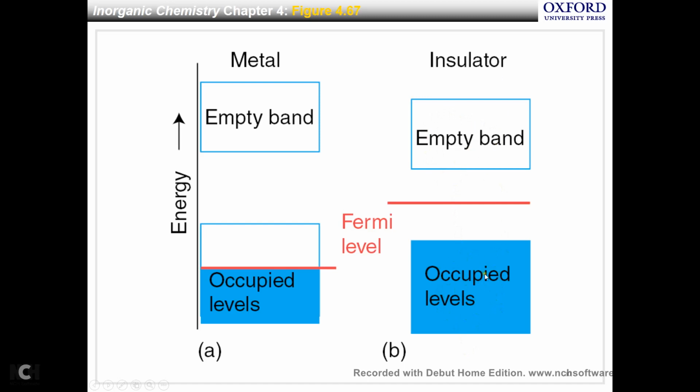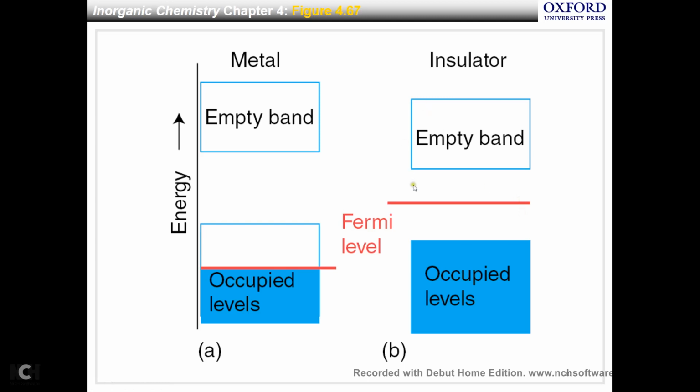This is the valence band. This is the conduction band. There's a huge energy gap, and it's impossible to use temperature, to raise the temperature, to promote electrons from here to here. An insulator usually has a band gap larger than 4 electron volts. So that's nearly 400 kilojoules per mole energy gap.